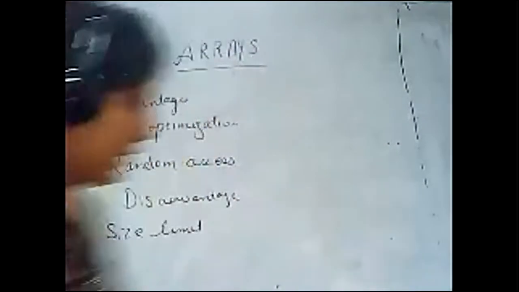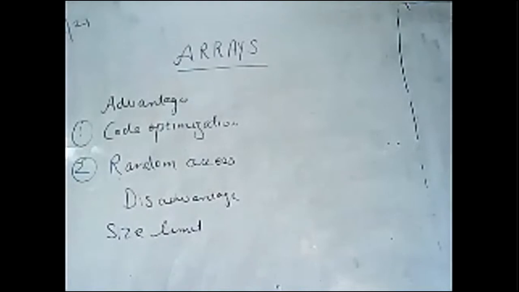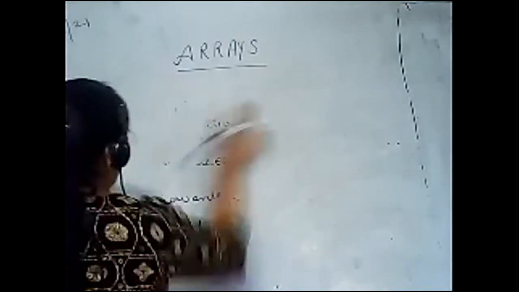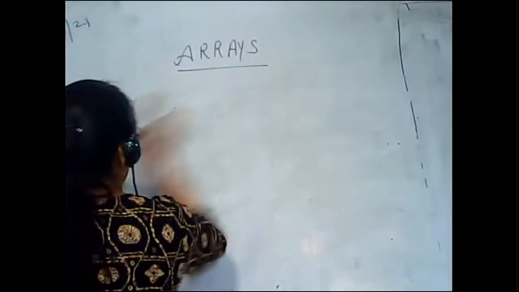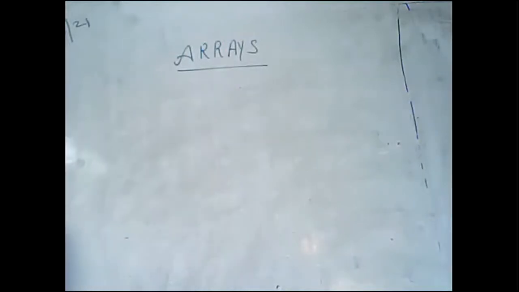Fine. Now the next thing that we need to discuss is the different types of arrays. Many times we have used the concept of arrays in other languages. The same goes for Java also.